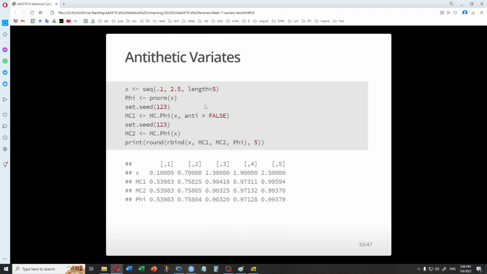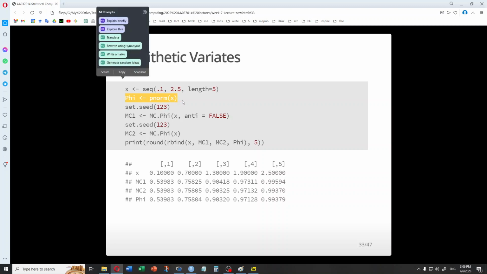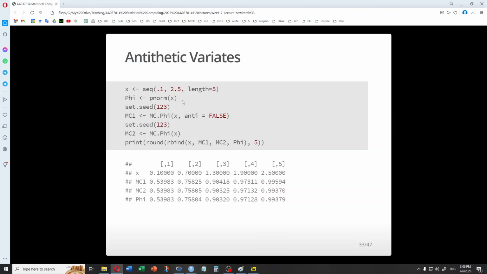First we have phi, which is from the pnorm function, and we want to compare this with the antithetic variates. First we run the Monte Carlo estimate without the antithetic variates. So we put make phi of x, where x is all these 5 numbers, with antithetic equal to false.